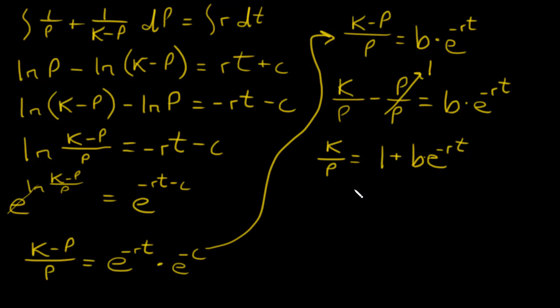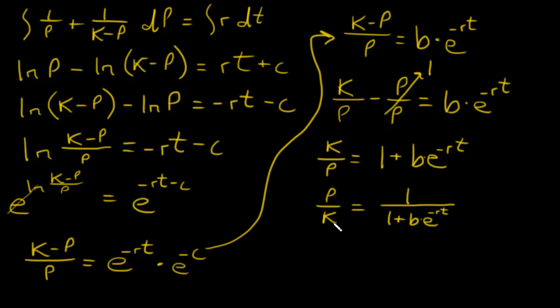Okay. Now I'm going to take both sides and invert them. So I'll wind up with p over k is equal to 1 over 1 plus b times e to the negative rt.